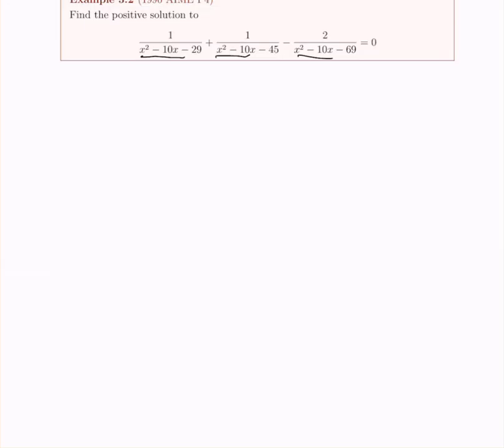So let's try substitution. What if I let x squared minus 10x minus 29 equal a? I like the letter a more.